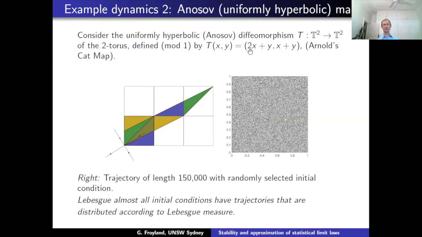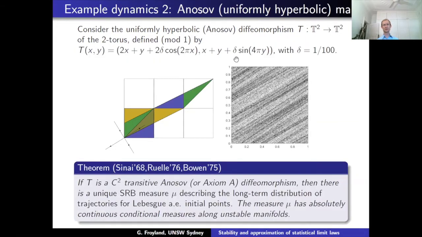Now, if we perturb this a little by adding some periodic nonlinear terms, you're still in the Anosov class, but you don't preserve Lebesgue anymore. Instead, a long orbit now looks like this. So you have some clear variation in the density. But again, the picture you get is independent of initial conditions.